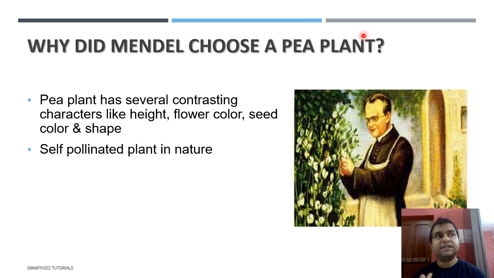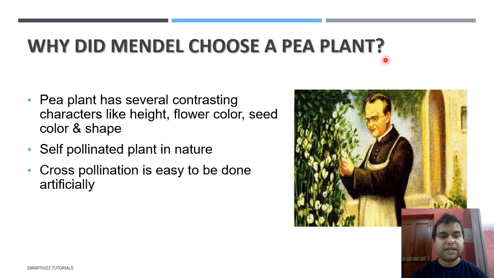And when self-pollination occurred, it gave him another result altogether. So he knew exactly when that happened. So one of these characteristics was that it was self-pollinated in nature. The next characteristic was that cross-pollination was easy.